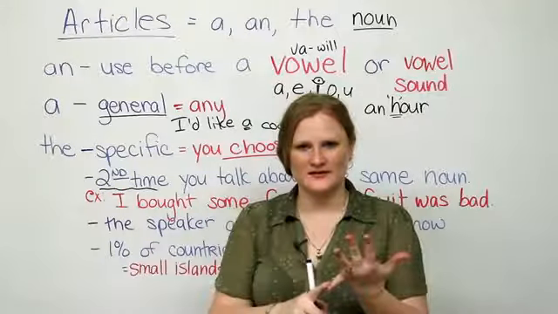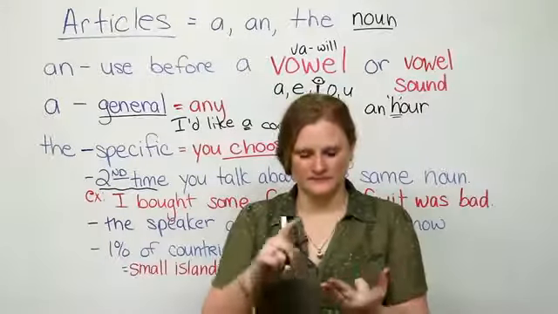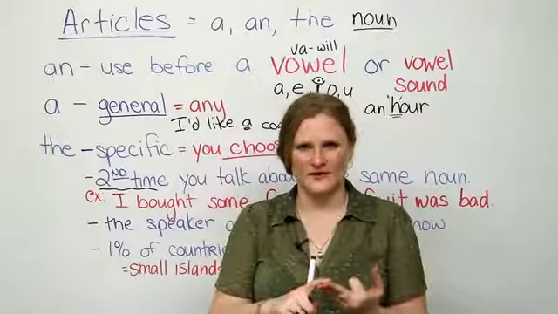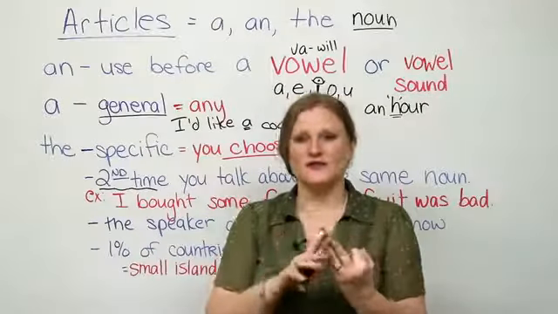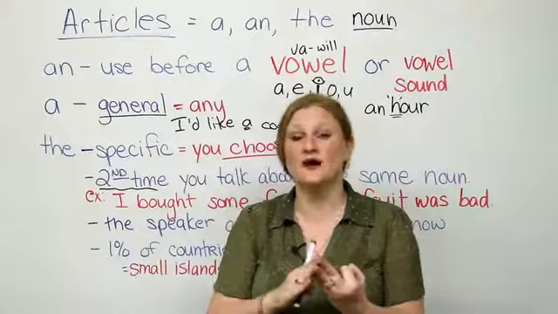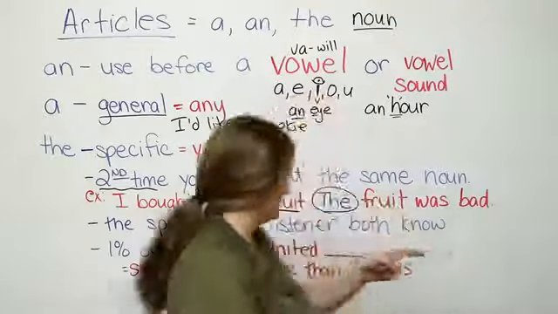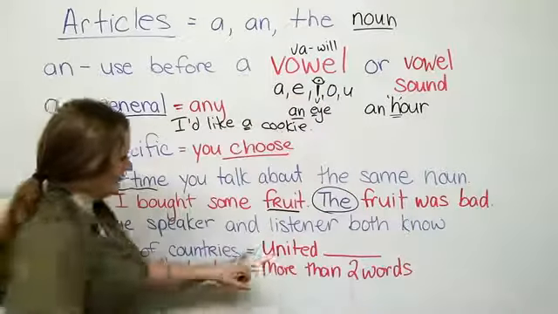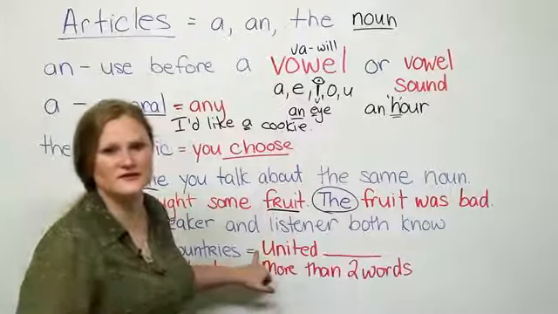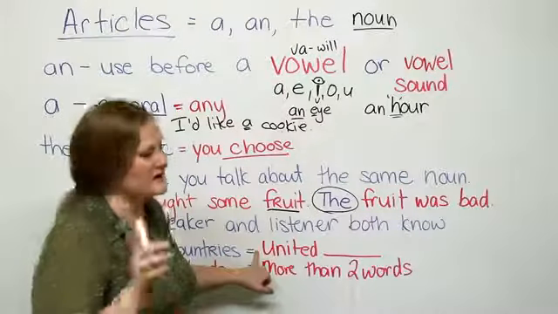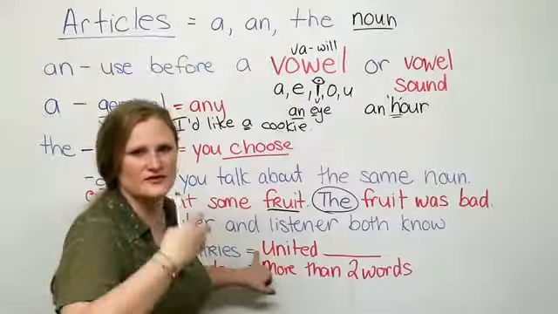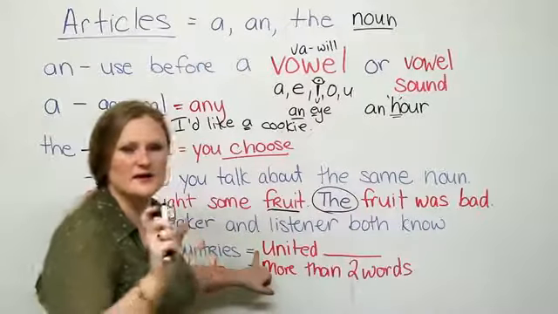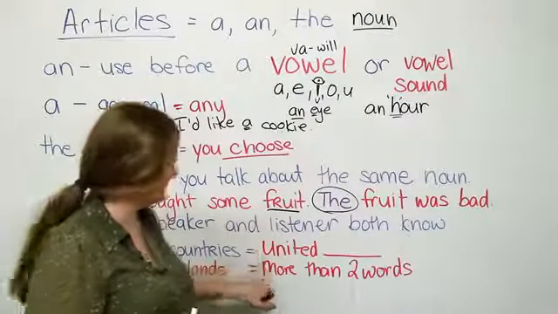The United States, the United Kingdom, the United Arab Emirates. All of these three countries, we have to use "the" because there is the word "united" in the title of the country. I do not say "the Canada." I do not say "the Japan." If the word has "united" in it, I say "the."